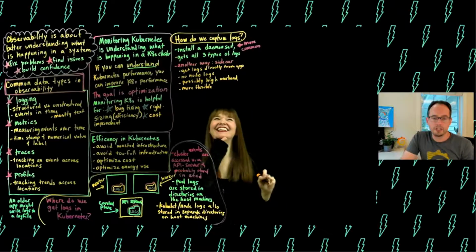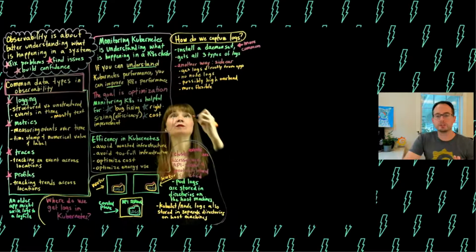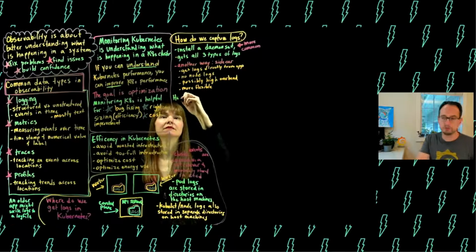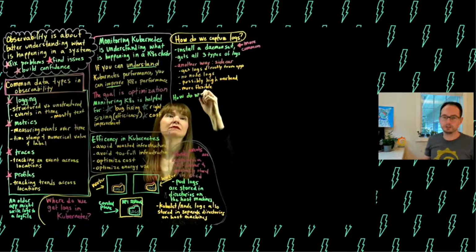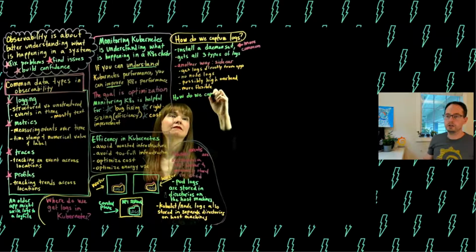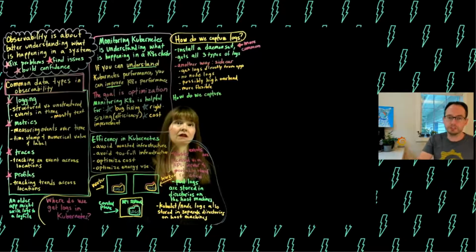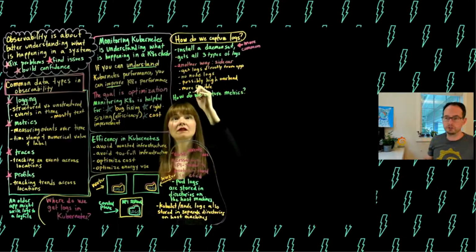When we talk about getting metrics from Kubernetes, the metrics that help us understand how our cluster is performing and how the apps running on the cluster are performing, there are 3 different categories of metric sources built in to Kubernetes. The control plane itself has a whole bunch of metric sources.